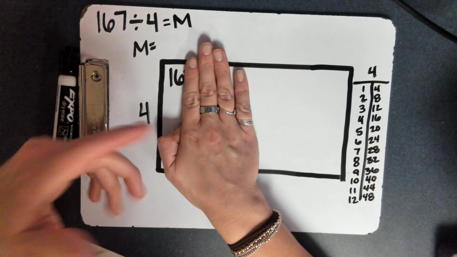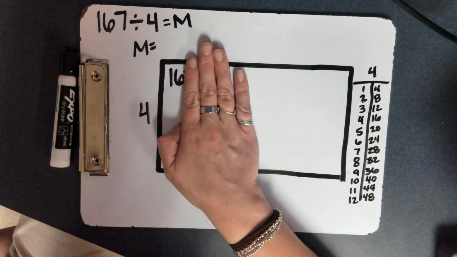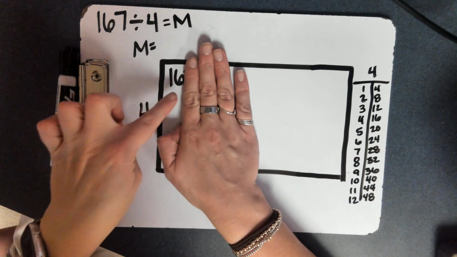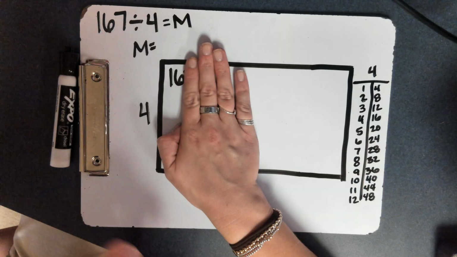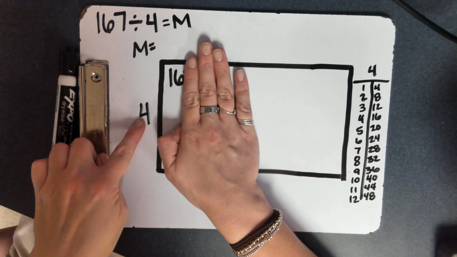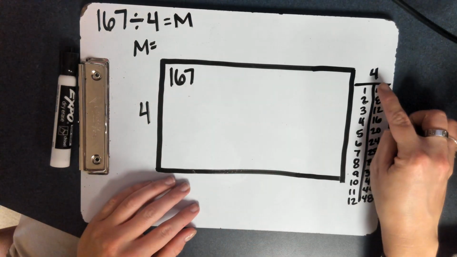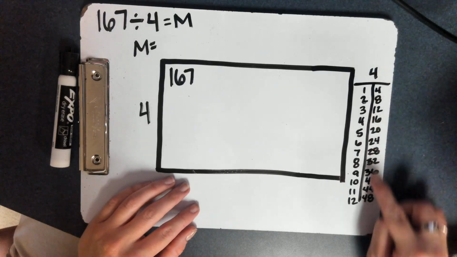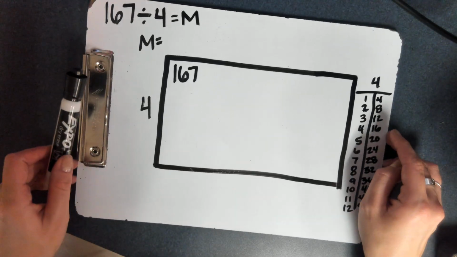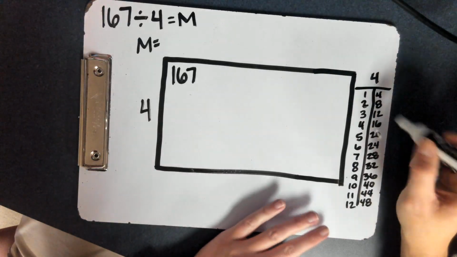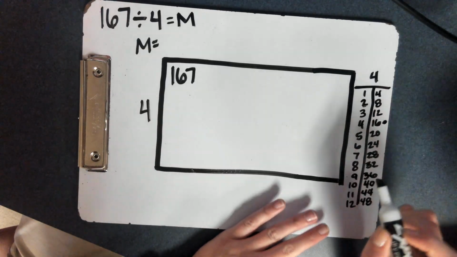Not only that, I'm getting that little mathematician alarm in my head. This is also a math fact. 16 divided by 4, I can look over in my math facts. I see that 16 is a multiple of 4 right here.